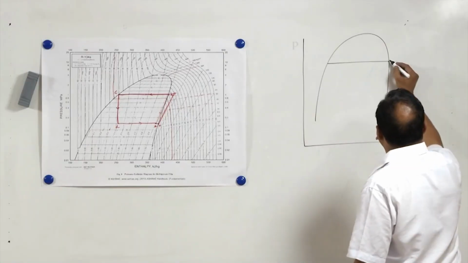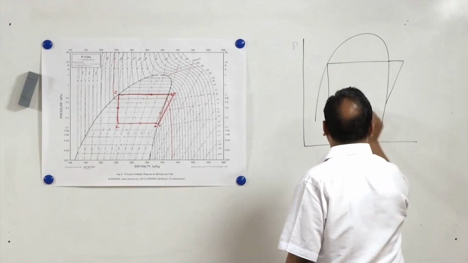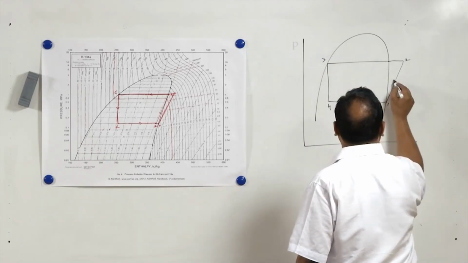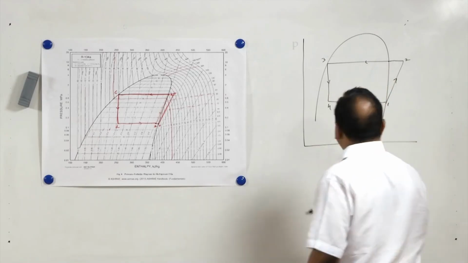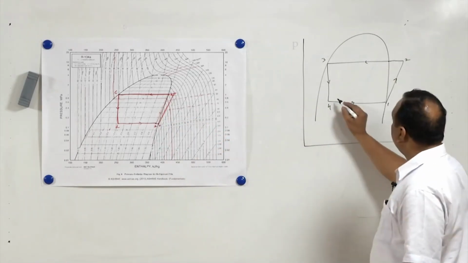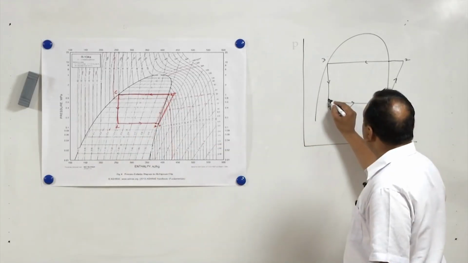Now, if I transform this cycle on a p-h diagram or in a separate diagram, it is going to be like this. Now, in this process suppose I reduce the evaporator pressure, correspondingly the temperature will also get reduced.